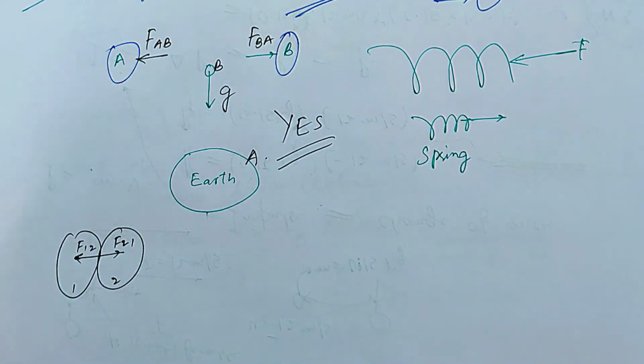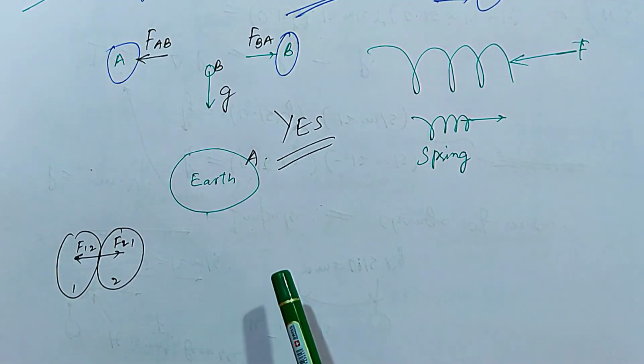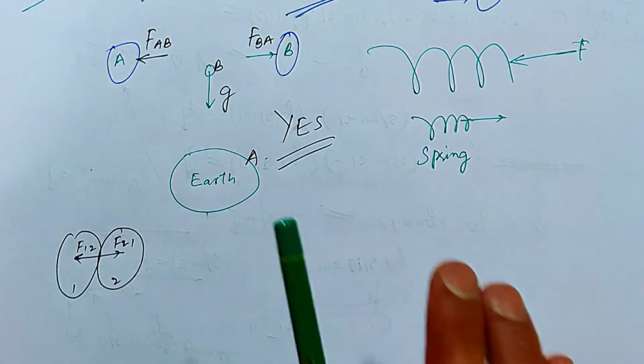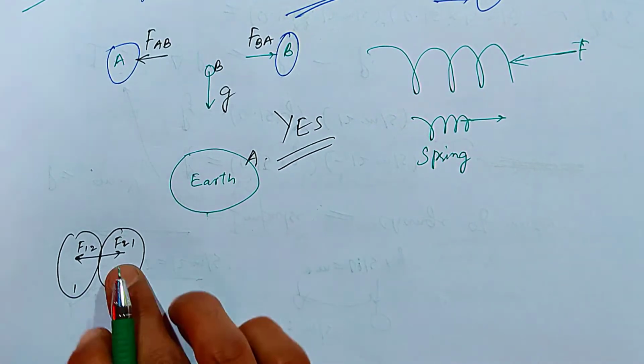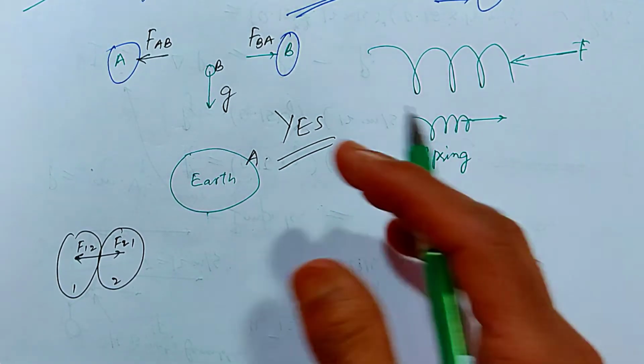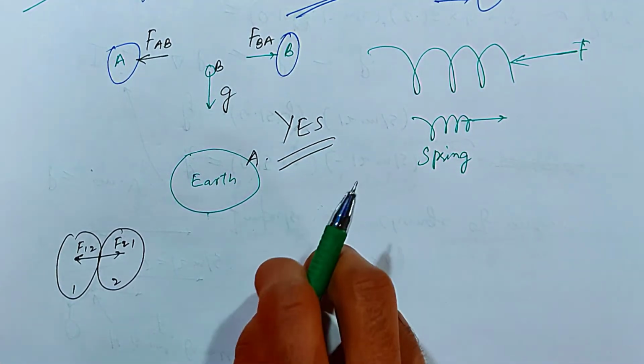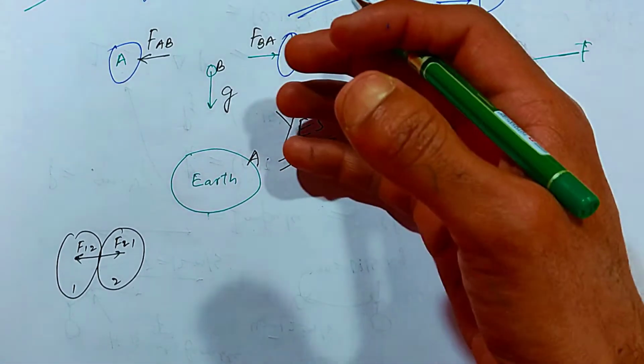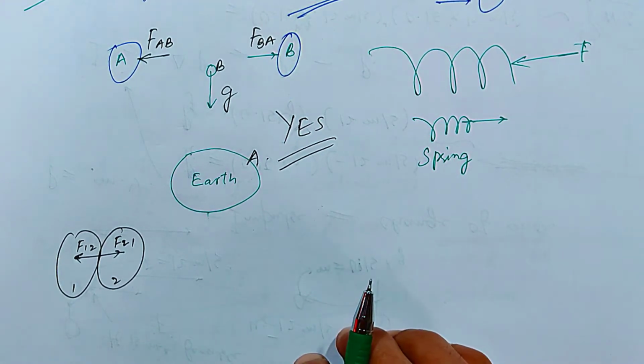That means Newtonian mechanics says that it is always happening in nature that if we apply a force onto a body, it will not happen singly. There will always be a reactive force, a force generated by that body in turn.